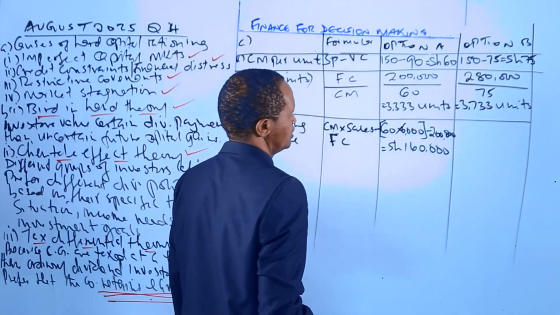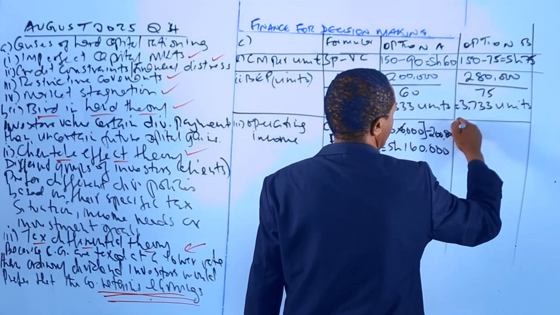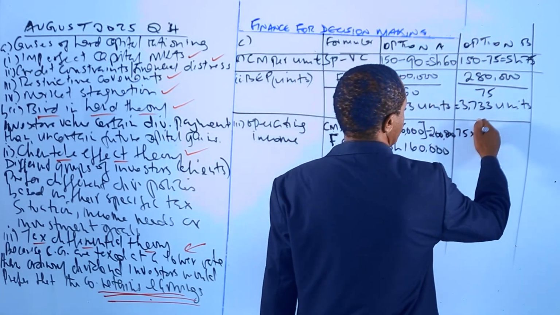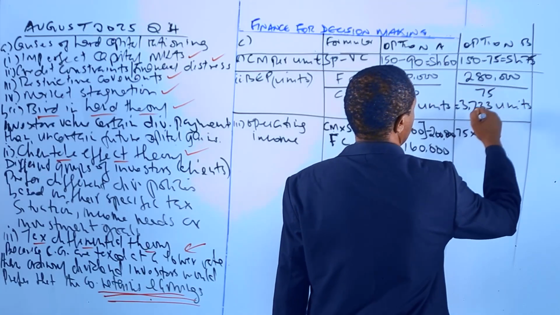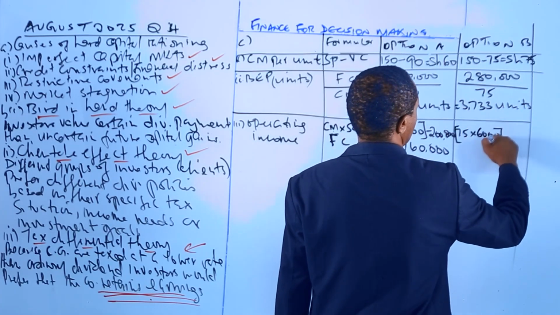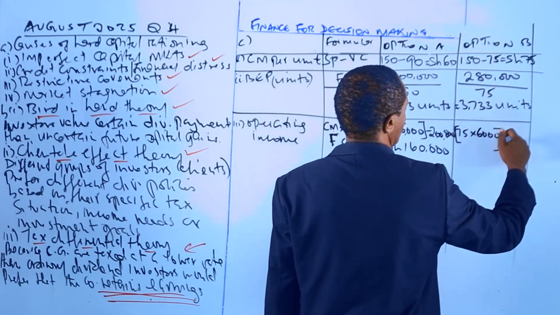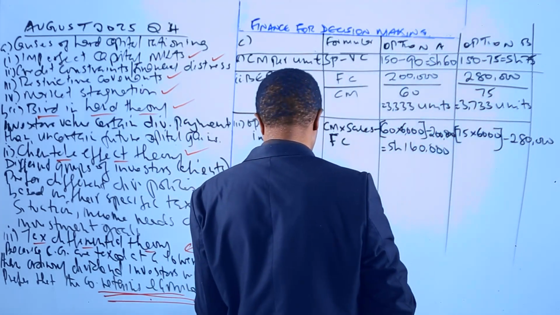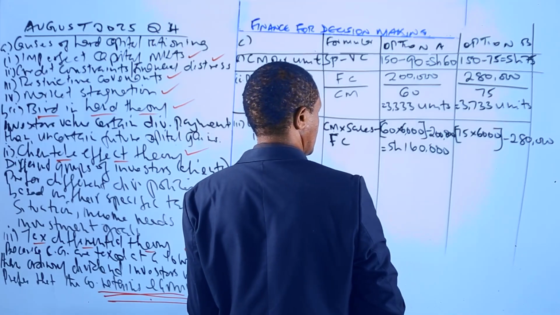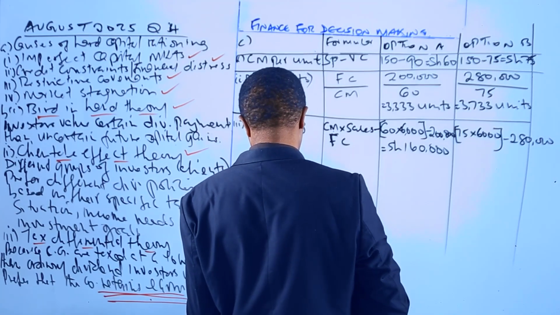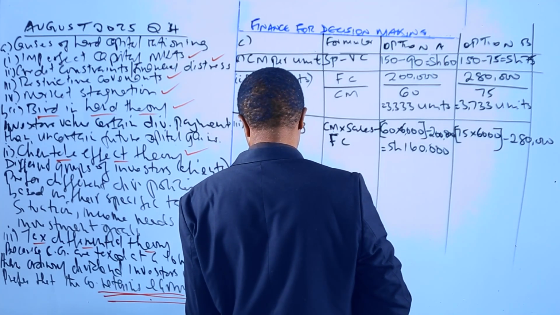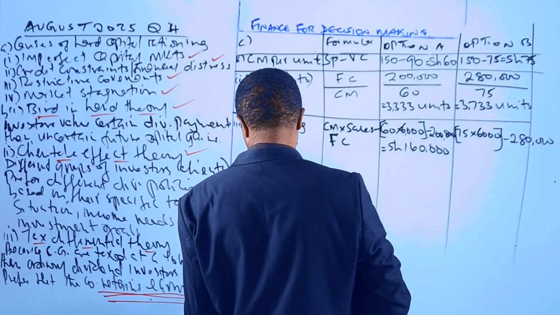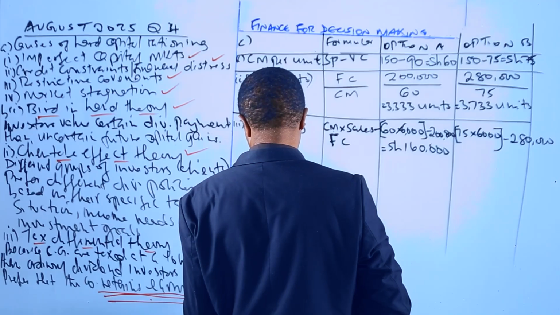For option B, the contribution is 75. The company is expected to sell again 6,000 units. That is the total contribution. We deduct fixed cost of 280,000. So I have 75 times 6,000 minus 280,000.